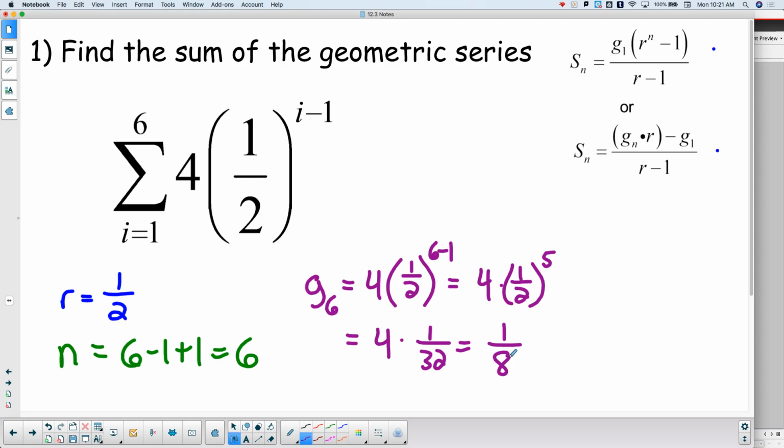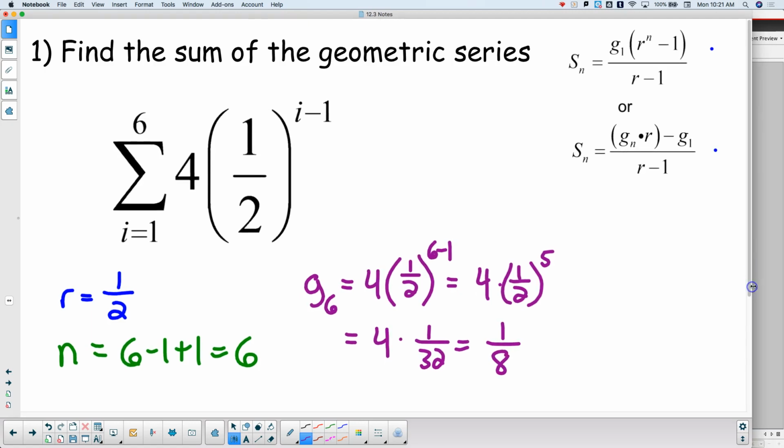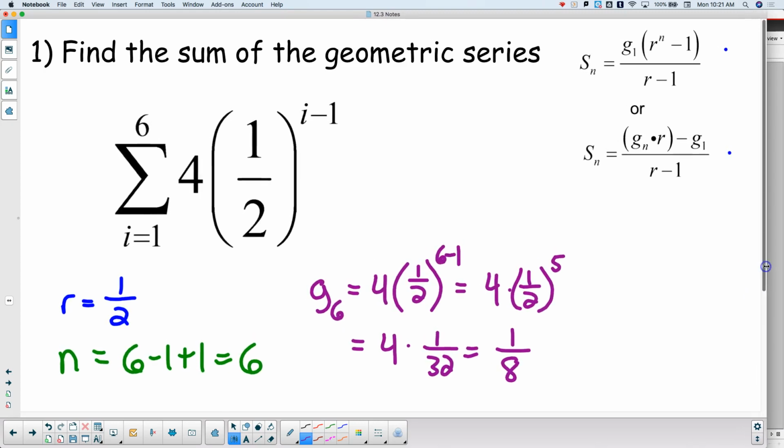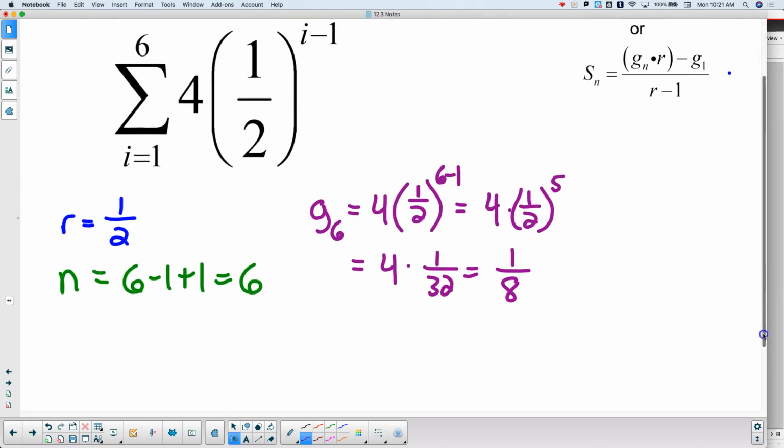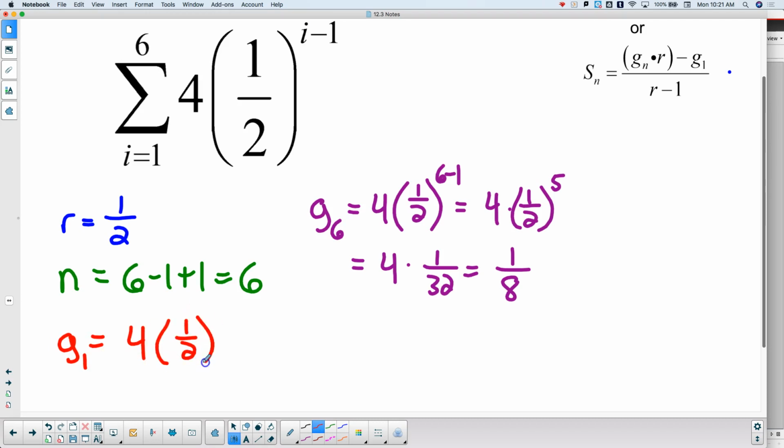Still need my first term. One minus 1. 1/2 to the 0 power times 4. So my first term is 4.